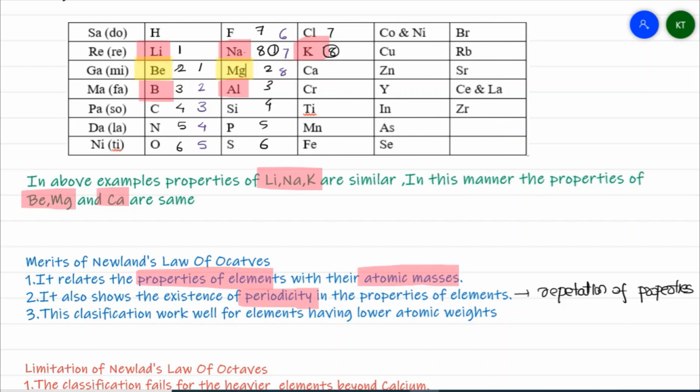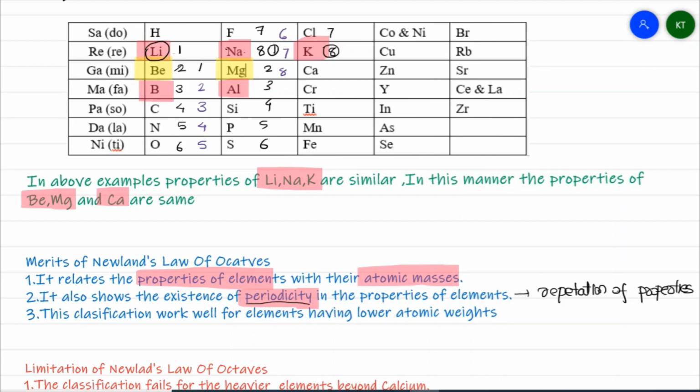So I observe lithium, and after a certain fixed interval, when I come to sodium, lithium and sodium will have the same property, and that particular duration remains the same. After every eighth element, the property repeats. So we call it periodicity, the property which repeats itself after a fixed interval.